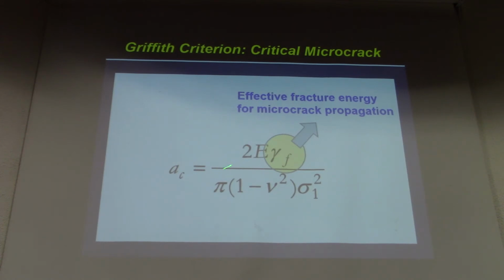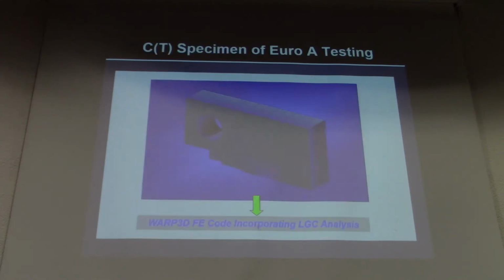And a key issue also is the critical microcrack size. So this comes from standard linear elastic fracture mechanics, where gamma is the effective fracture energy. You can find this in many textbooks of fracture mechanics. And then we're going to see that this will play a major role in predicting the temperature dependence of fracture toughness here. Okay?